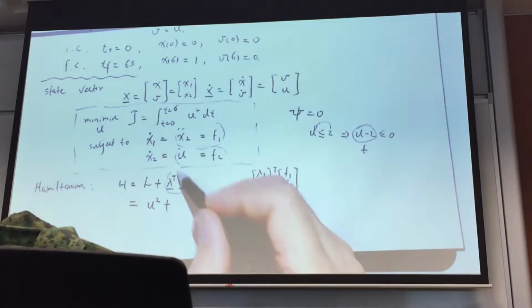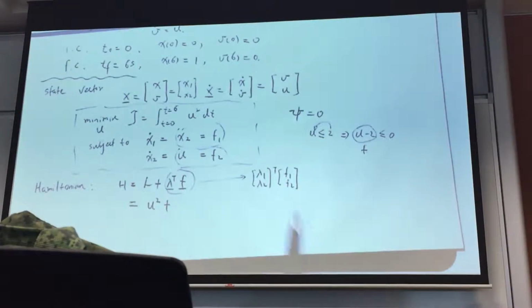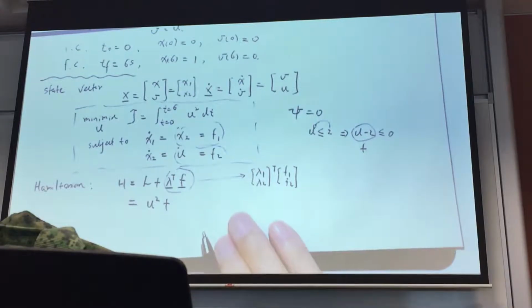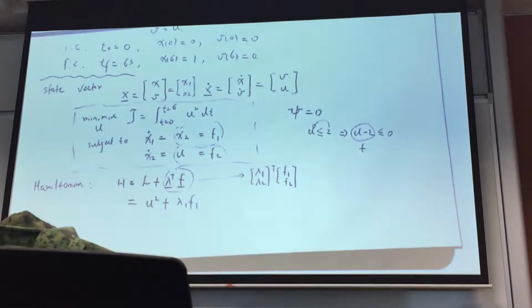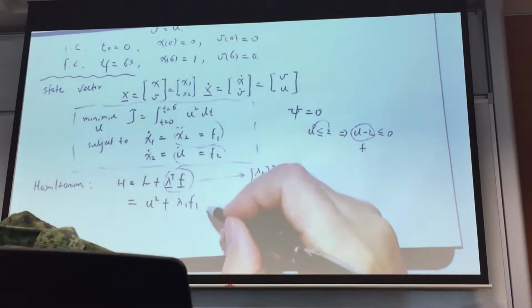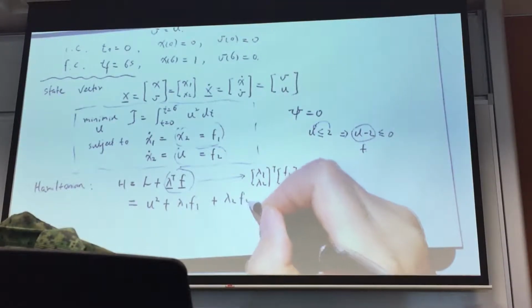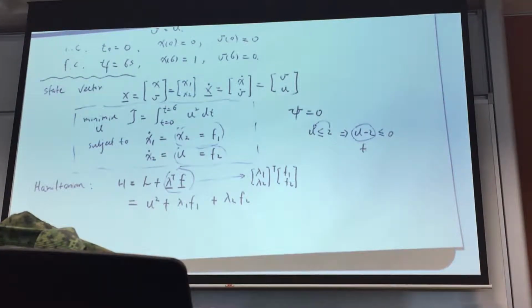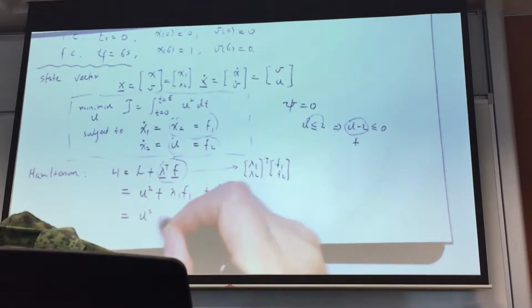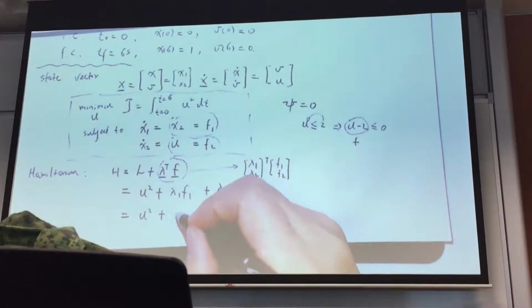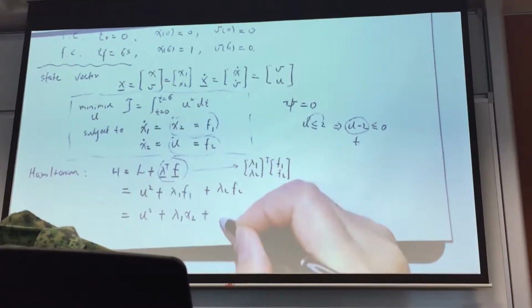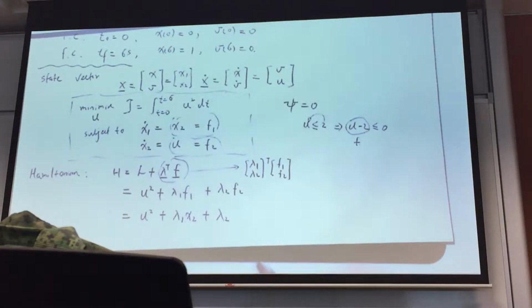So this part can be rewritten like this. In scalar format, it's given by lambda 1 f1 plus lambda 2 f2, so all these are scalars. So H equals u squared plus lambda 1 f1, where f1 equals x2, so lambda 1 x2, plus lambda 2 f2, where f2 equals u.